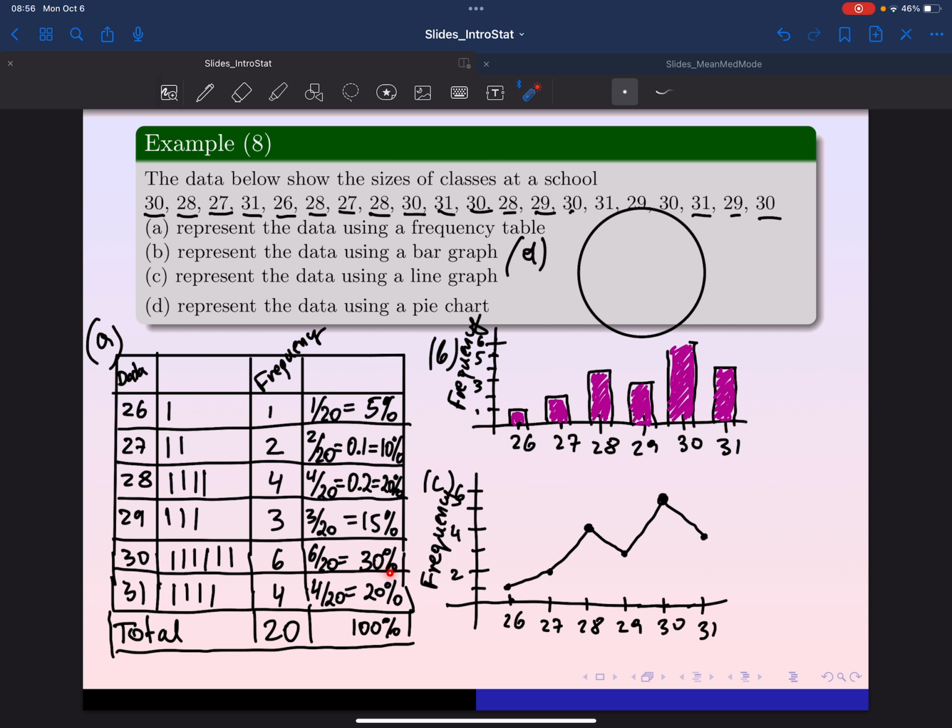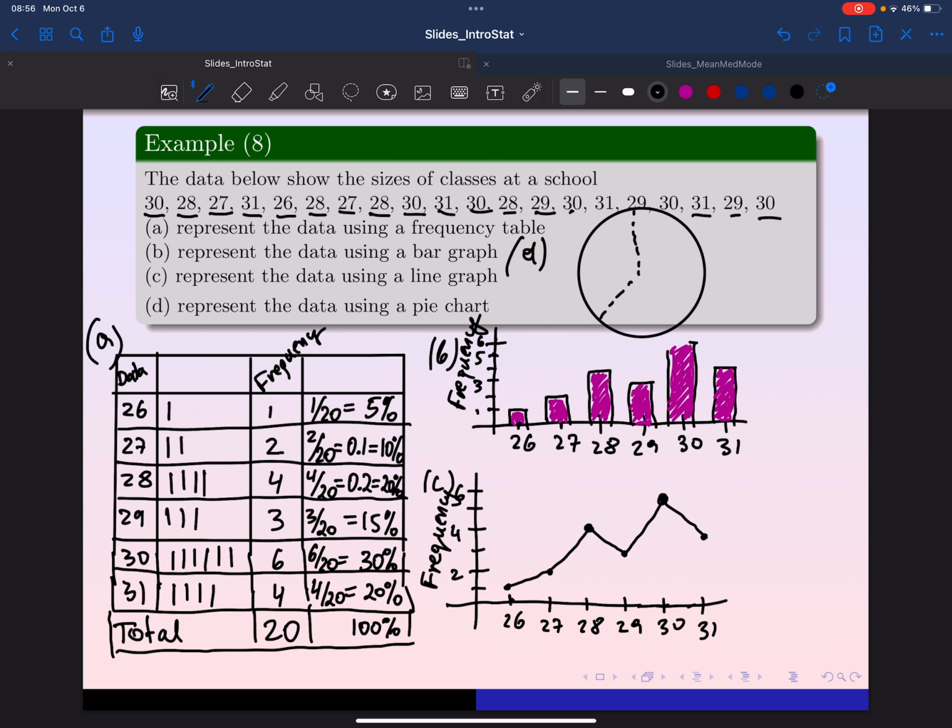So the largest one is 30%, so roughly 1/3. So we would divide this whole circle into kind of third parts, a little bit less because 100 divided by 3 would be 33%. So I think it needs to be a little bit less than that.